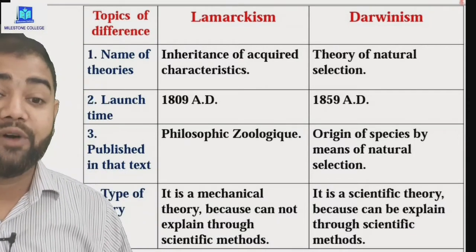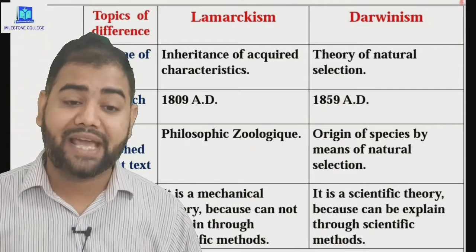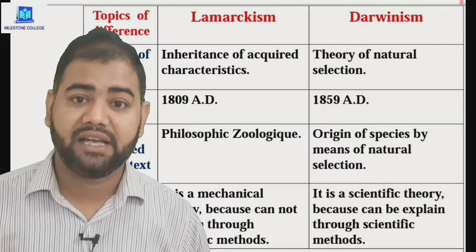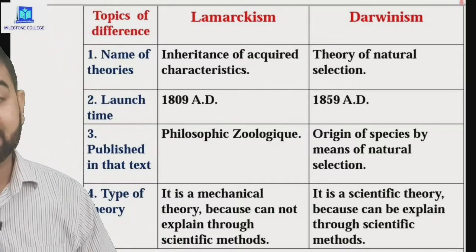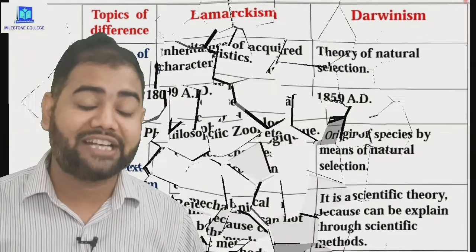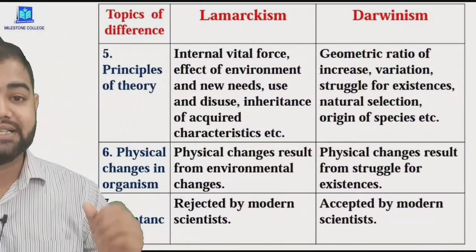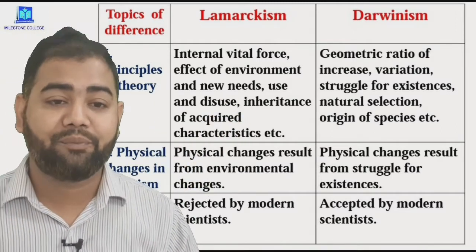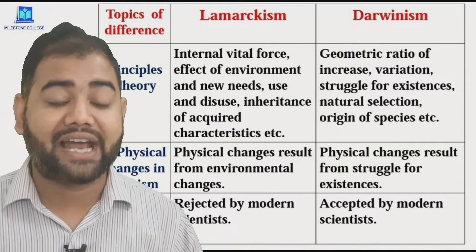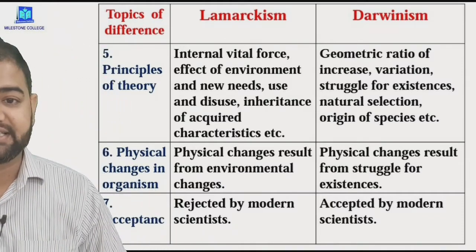Number 4, type of theory. Lamarckism is a mechanical theory because it cannot be explained through scientific methods. Darwinism is a scientific theory because it can be explained through scientific methods. Principles of theory. Lamarckism: internal vital force, effect of environment and new needs, use and disuse, inheritance of acquired characteristics.